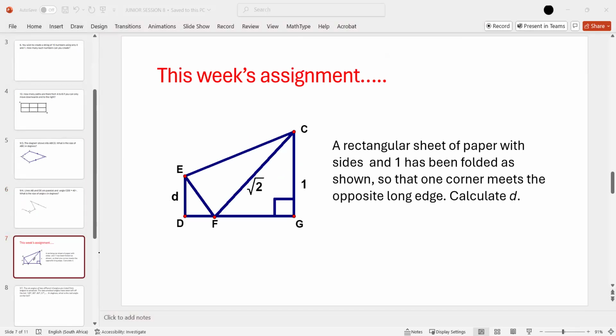So it's an interesting assignment where there are lots of applications. The main thing is a rectangular sheet of paper with sides. So there was a sheet of paper originally in this picture.